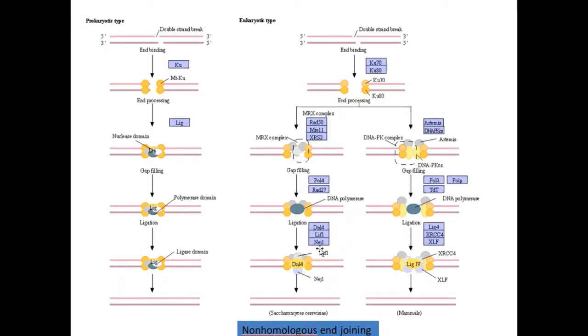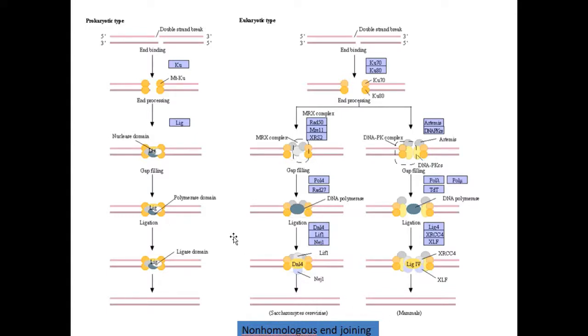Further on, ligation happens, and ultimately it results in a break-free double-stranded DNA in both Saccharomyces as well as mammals. But the thing we should note is that regardless of the processes and the proteins involved, in all these cases they have end processing, then gap filling by polymerase action, and finally ligation so that the double-stranded break is repaired.